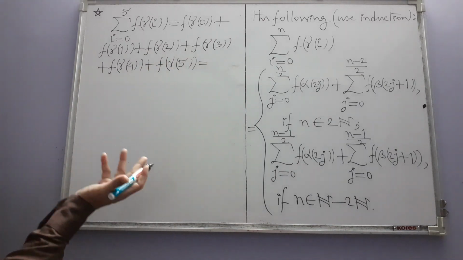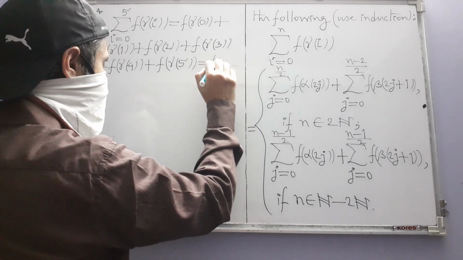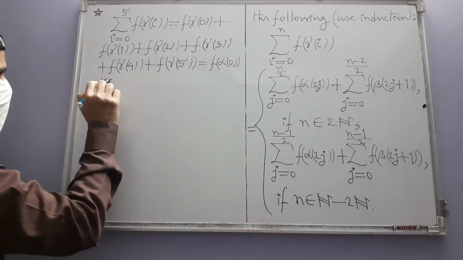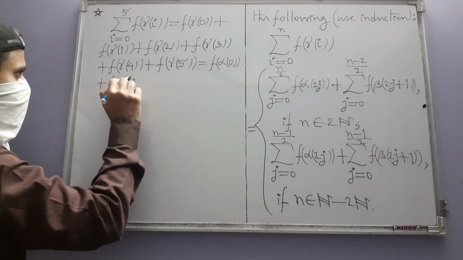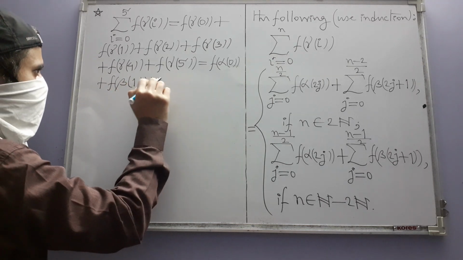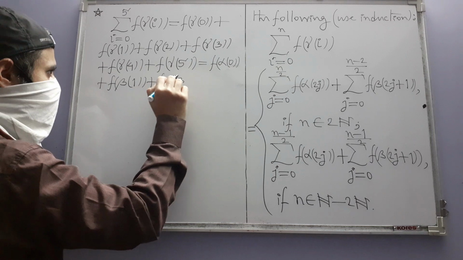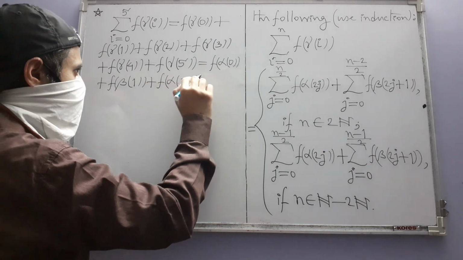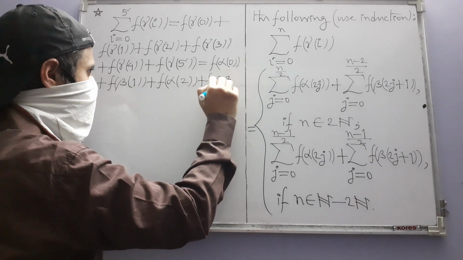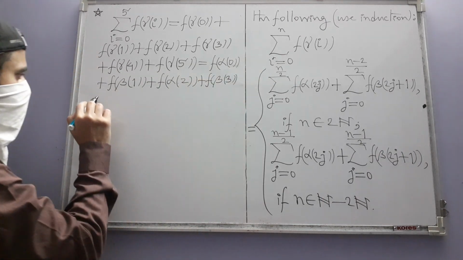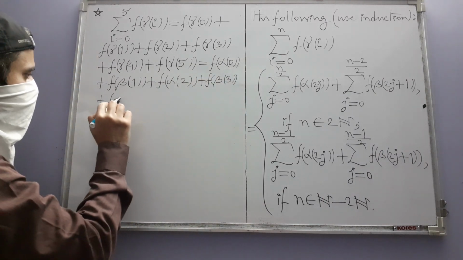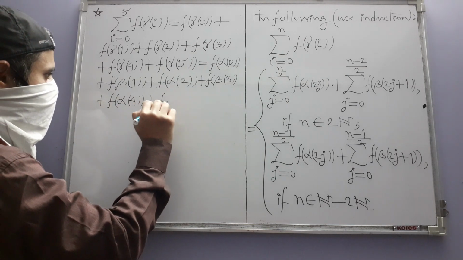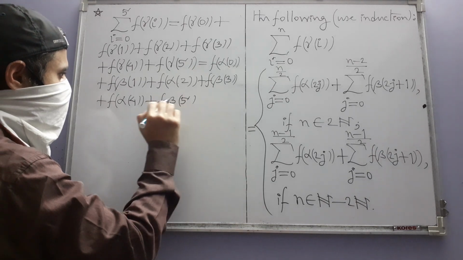And now we apply the definition of gamma once again. So this becomes f of alpha of 0 plus f of beta of 1 plus f of alpha of 2 plus f of beta of 3 plus f of alpha of 4 plus f of beta of 5.